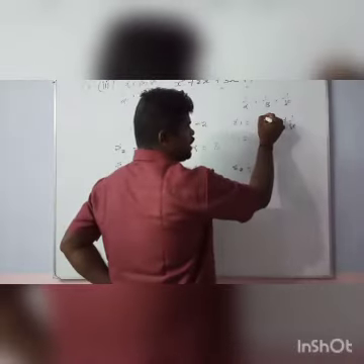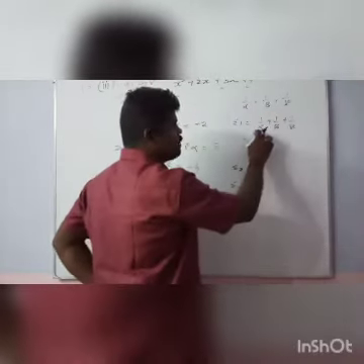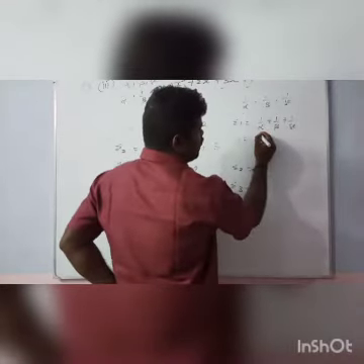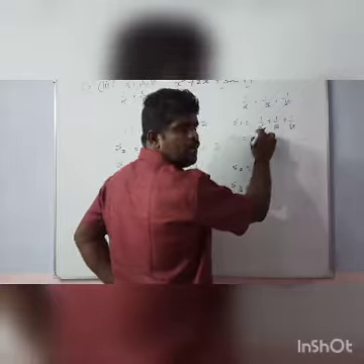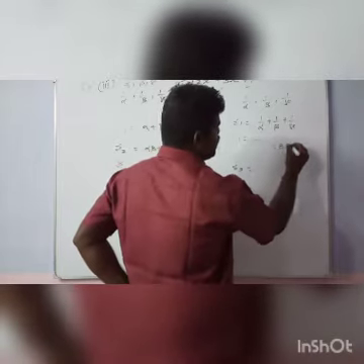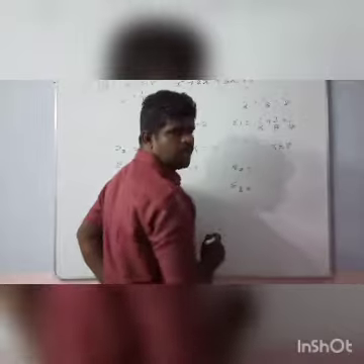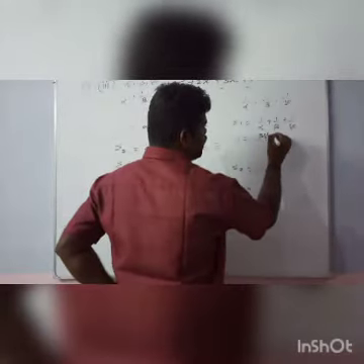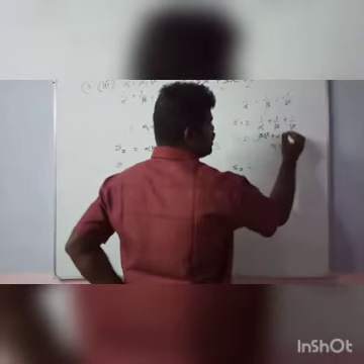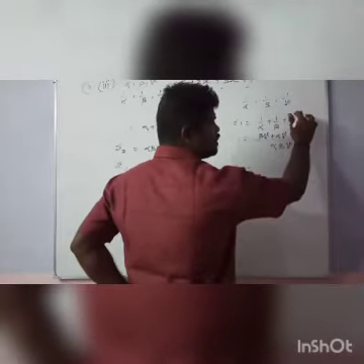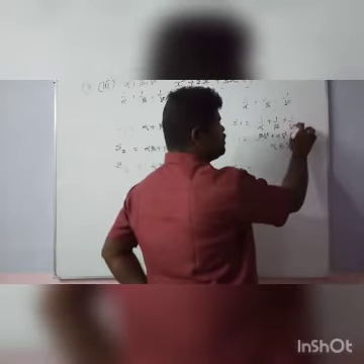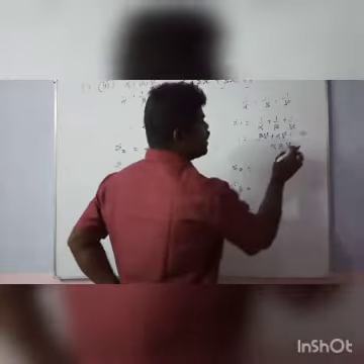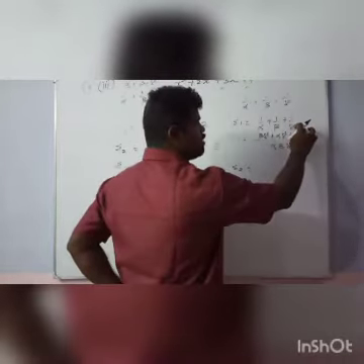So we have to multiply beta gamma in the numerator for alpha, and in the denominator will come commonly alpha beta gamma. So here beta gamma plus alpha gamma plus, for gamma, we have to multiply alpha beta, so alpha beta, all by alpha beta gamma.